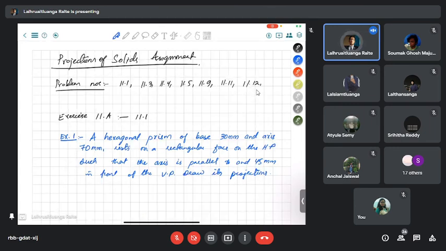What is the third reference plane that we take in order to have the side view? Profile plane. Yes, it's the profile plane. So in this particular exercise, you will be drafting the side view, the front view, and the top view. All right.